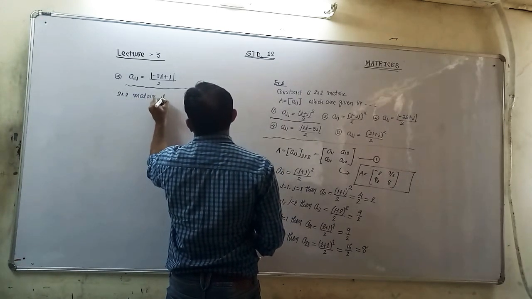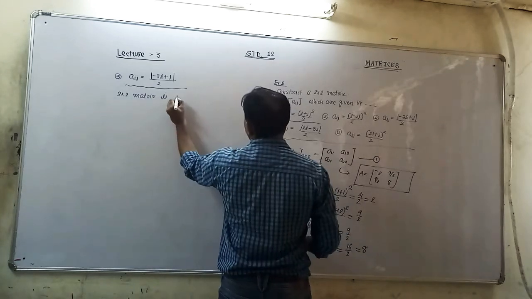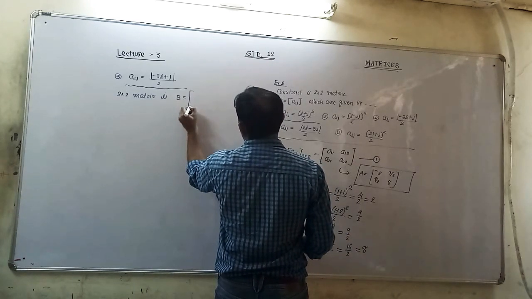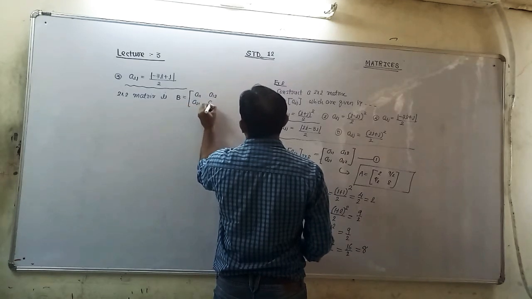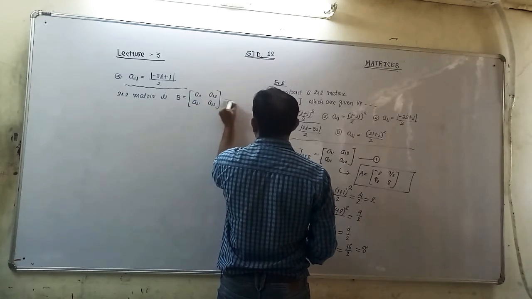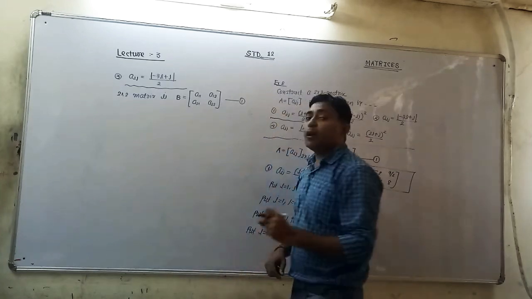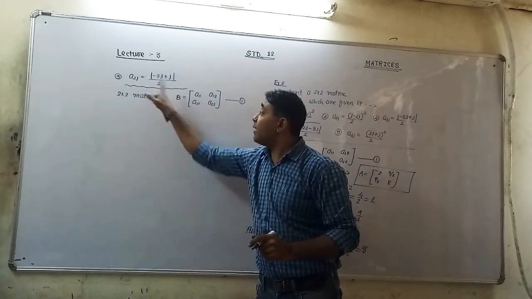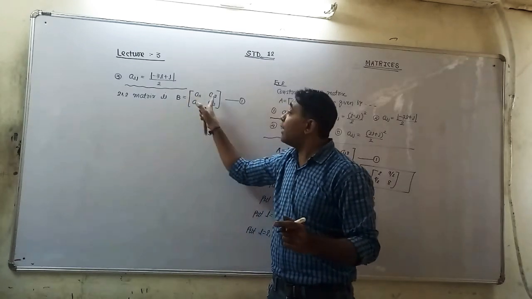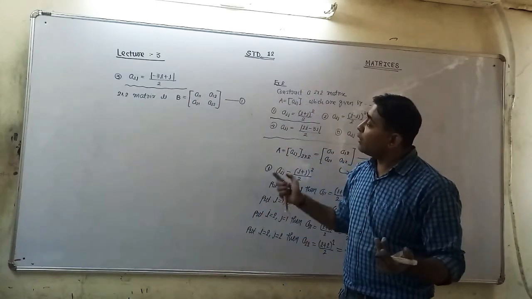We may write the 2 cross 2 matrix as, suppose, matrix B. Then that is A11, A12, A21 and A22. Now I think you understand it easily. With the help of i equals 1 and j equals 1, you get A11, then A12, A21 and A22.